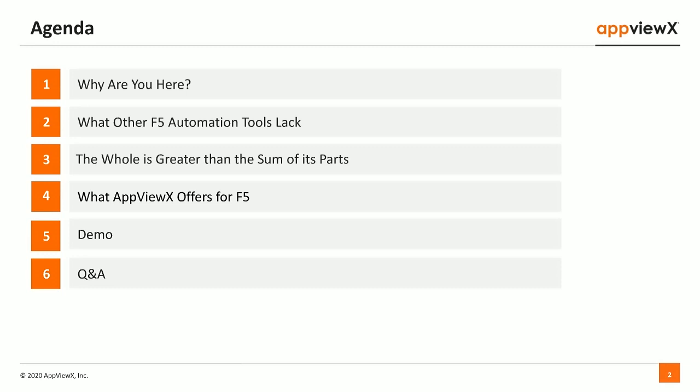And then how holistic automation helps the customers and helps us and the FI to manage this as a whole. And how AppViewX and F5 together can help you simplify your life and your work as well.